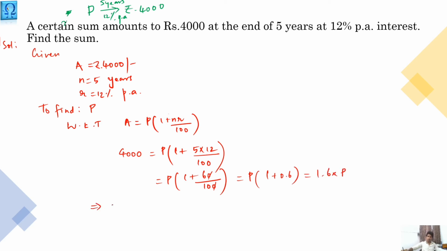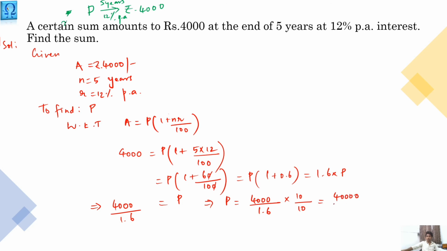Okay, so when you need P, take the P on one side and take this quantity to this side, so you have 1.6, and this may be written as, I take P to the other side, so this is 4000 upon 1.6. So in order to bring this to an integer quantity, that is without any decimal, I am just doing this.